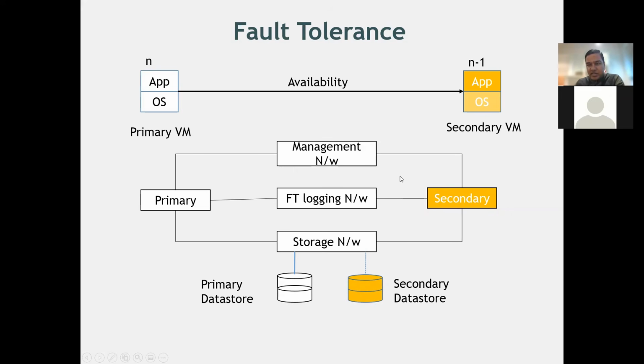Remember, we studied heartbeat in the architecture of cloud computing. So every few seconds it is checking the heartbeat, whether who is alive and who is not alive. And this management network will tell the fault tolerance software that the primary VM has gone down. Now give the control to the secondary VM and make it a primary VM.